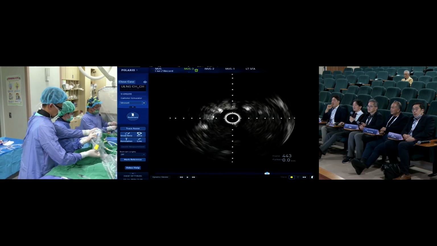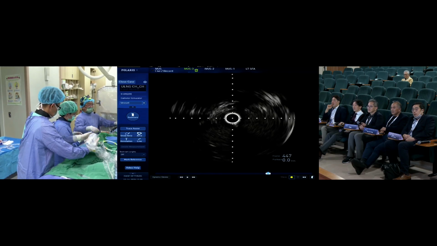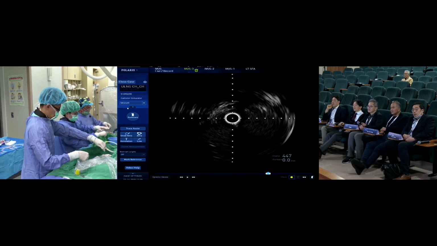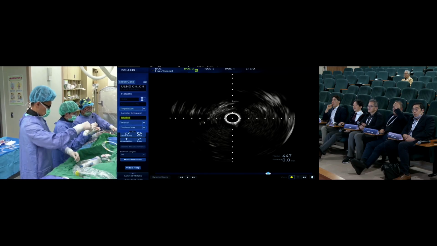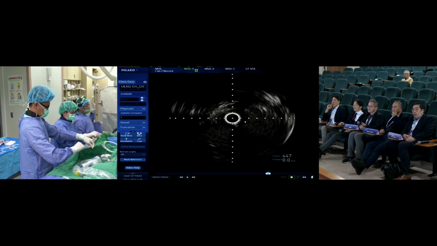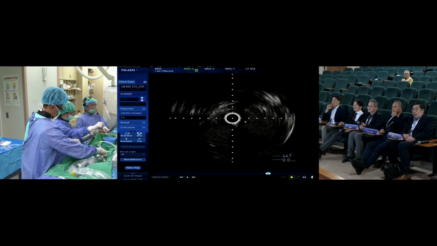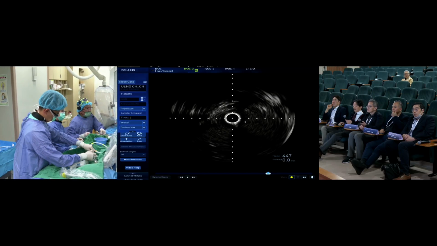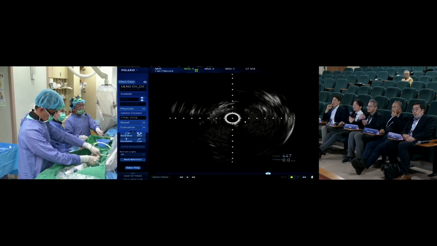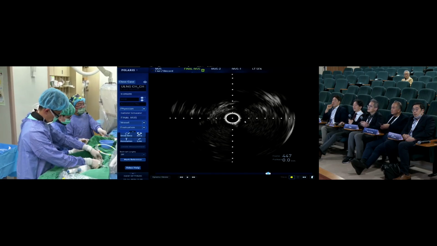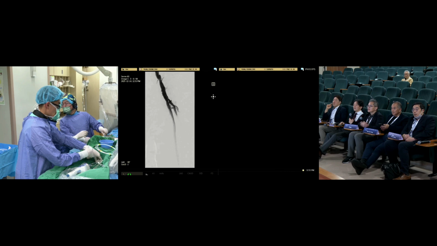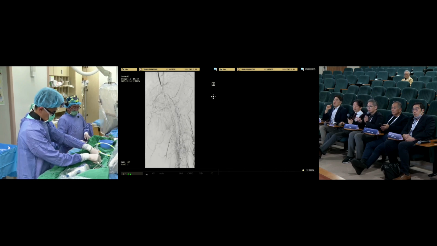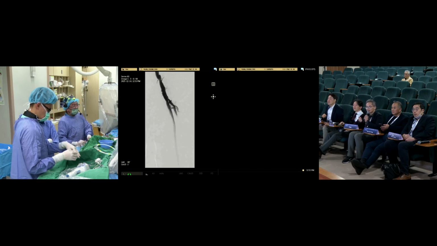Yeah, let's check the angiogram. Show us the angiogram. Looks nice. So good. Yeah.